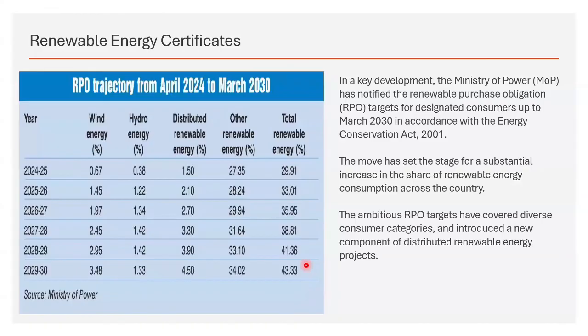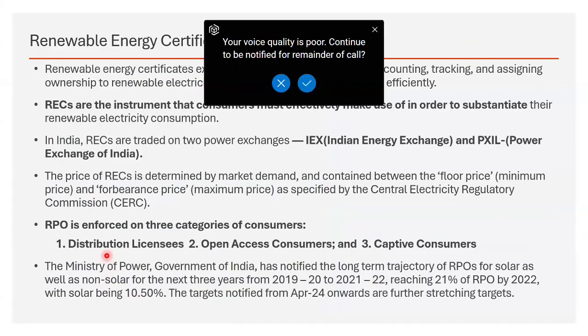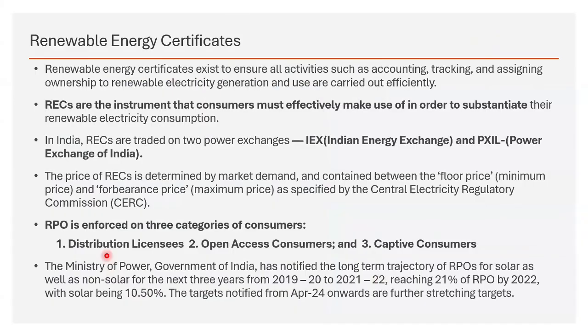And there is a term called obligated entity: distribution licensees like the distribution companies such as TPWODL, and open access consumers. Open access consumers utilize the grid infrastructure, where the generation facility is at one corner of India and the user is situated at another corner of India.